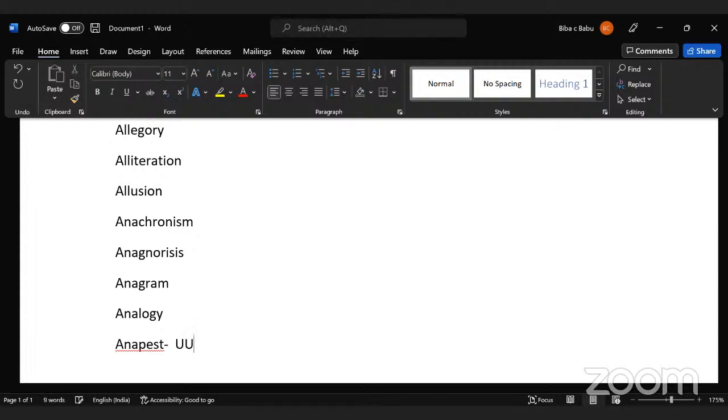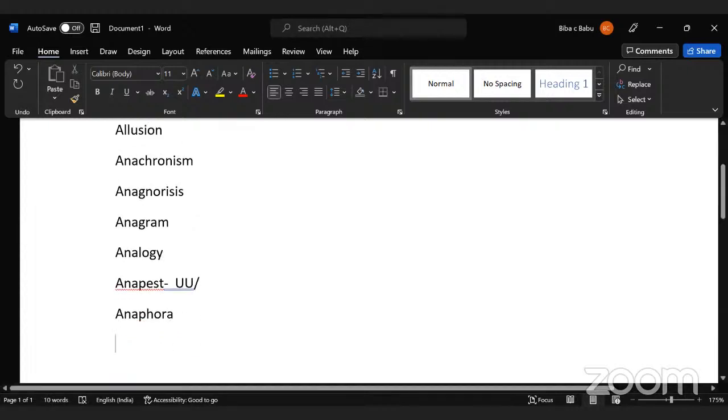Two unstressed syllables followed by a stressed syllable. This is Anapest. U represents unstressed. The slash represents stressed. So Anapest is two unstressed syllables followed by a stressed syllable. That is Anapest. Okay. And next is Anaphora.